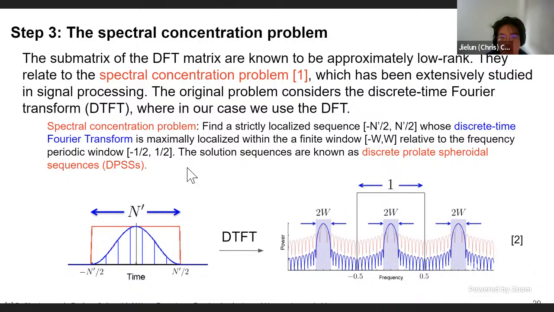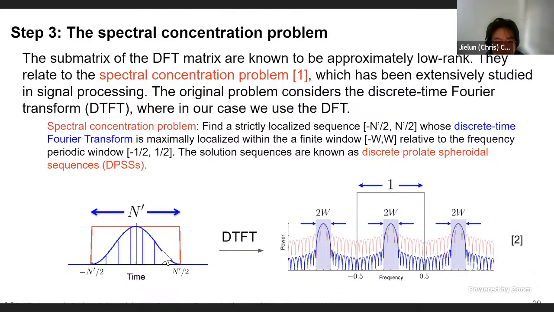The spectral concentration problem wants to find a strictly localized sequence in this window, whose discrete time Fourier transform is maximally localized within a finite window of width 2W relative to the periodic frequency window, which is this larger window here. The solutions of this problem are known as discrete prolate spheroidal sequences.